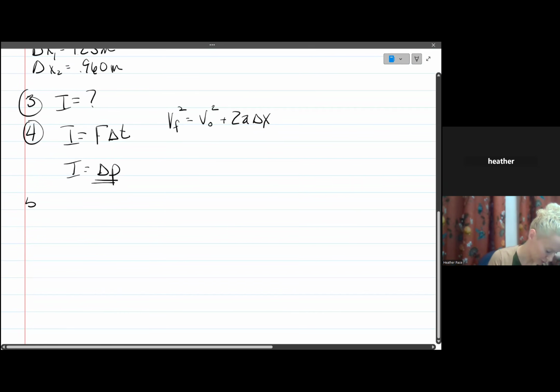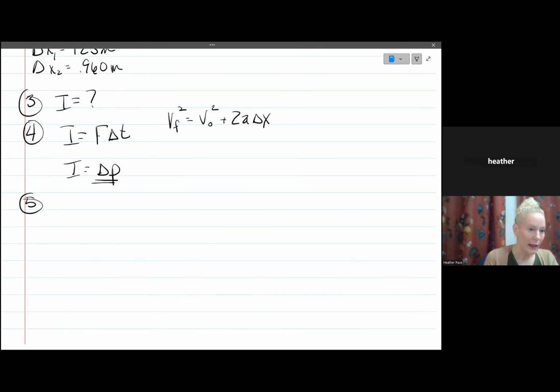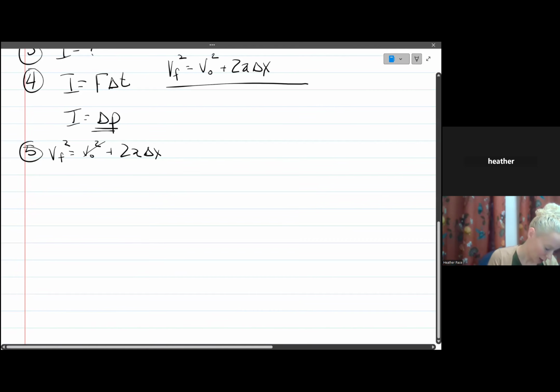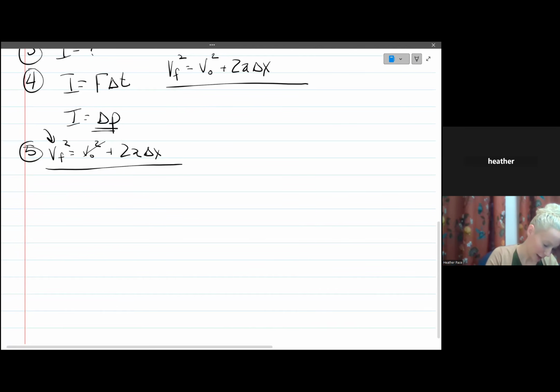5 is solve. So we have an initial velocity on our downward of 0. So if we look at this, that goes away. Then we can change this to solve for this because P equals MV. So that's what we're going to use to stick in there.